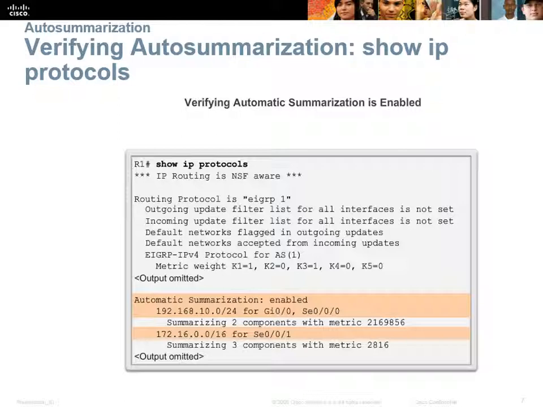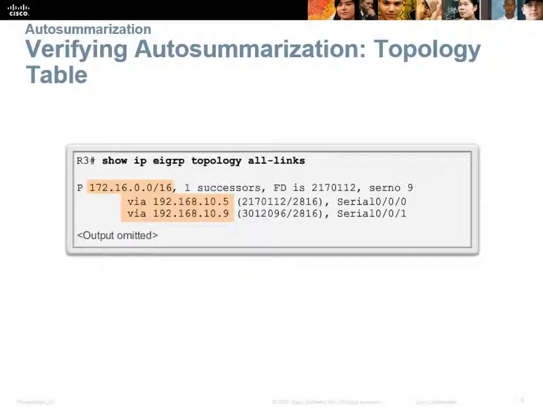We're talking about IP protocols. Show IP protocols. This is showing the EIGRP topology, all route summarization. 172.16.0.0/16. That means any network in the 172.16 network all the way to the 172.17 network will fall underneath this.